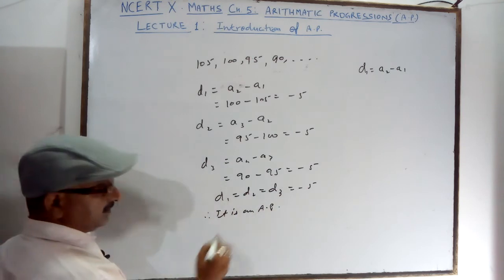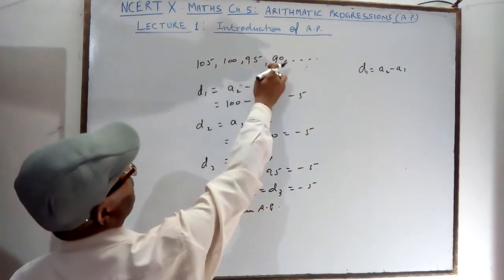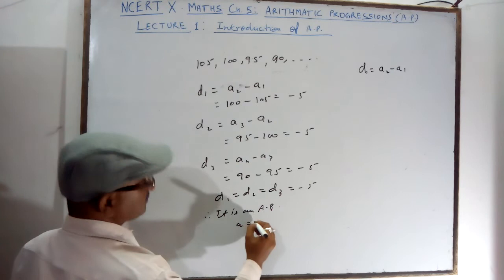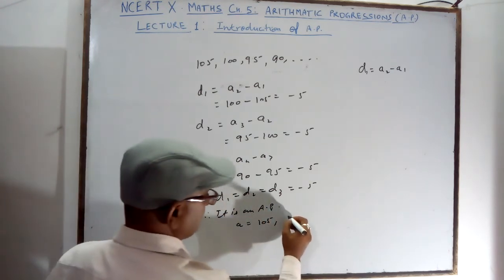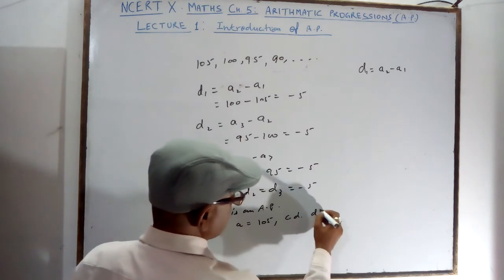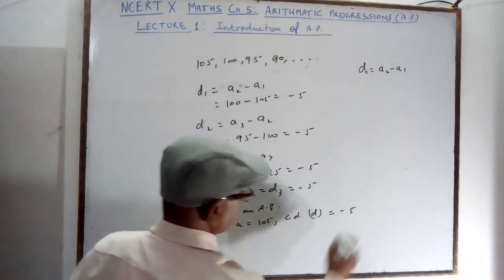The first term is 105 and the common difference d is minus 5.